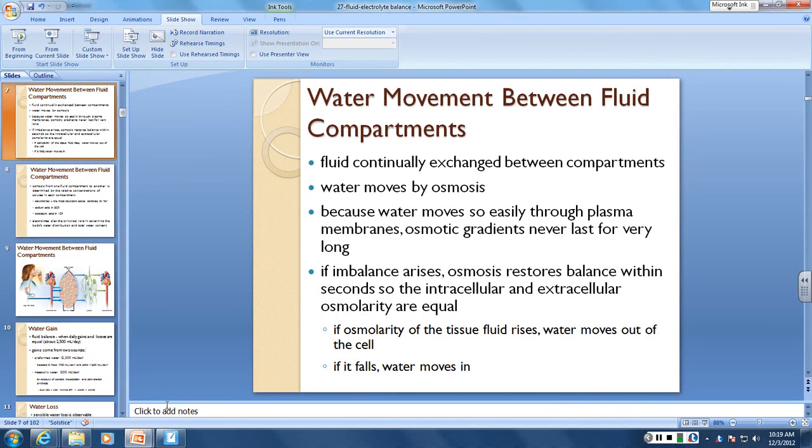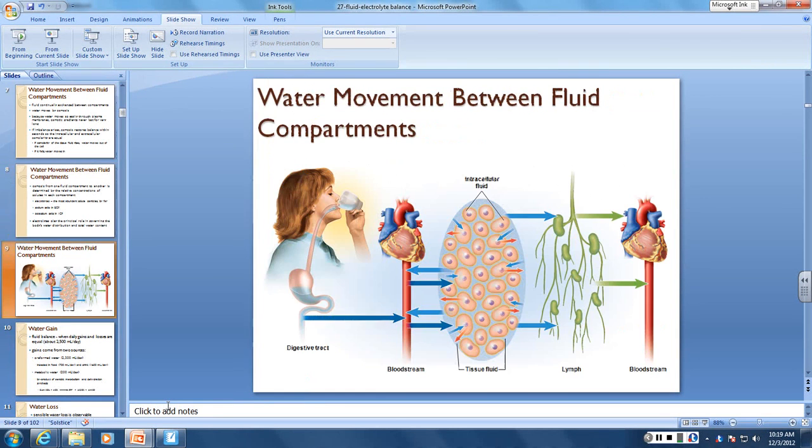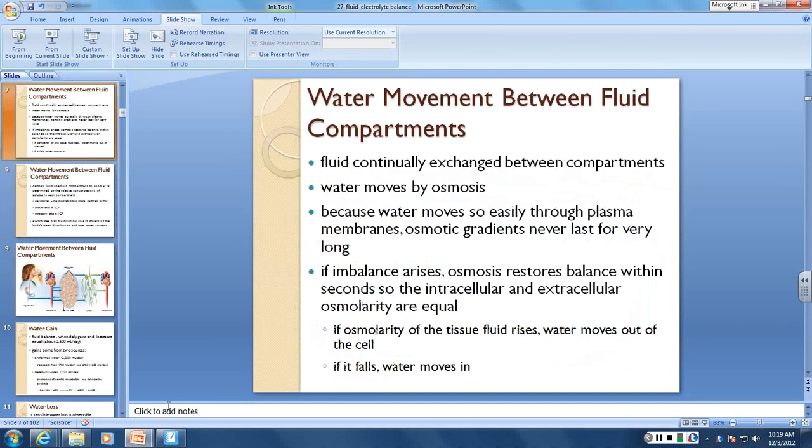Any questions on that? So now I wanted you all to see if you could understand that question. If osmolarity of the tissue fluid rises, think about that. Osmolarity of the tissue fluid. So in the picture in the middle, you have all those cells, and outside of the cells, the tissue fluid osmolarity increases. Water is going to move out of the cell.